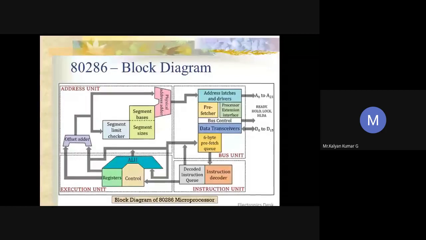Just have a look at this block diagram. If you are thorough with the block diagram, you can write everything on your own. If you know the function of each and every block, what it does, you can write on your own. So here we have 4 individual units: address unit, bus unit, instruction unit, and execution unit. All the blocks are there very clearly.